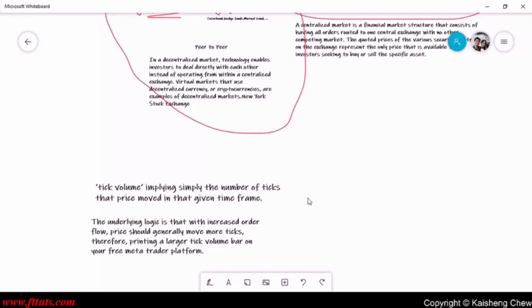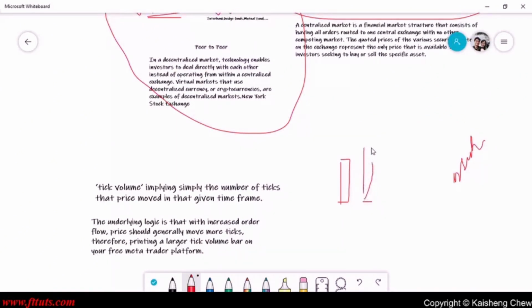Let's say 15 minutes: within those 15 minutes the price movement is accumulated, and you will see the bar like this. Then the next 15 minutes they calculate again. The price moves up, down, 1, 2, 3, 4, 5, 6, 7, 8, 9, 10. After 15 minutes, they plot another bar for you. Then you can see your histogram inside your chart.